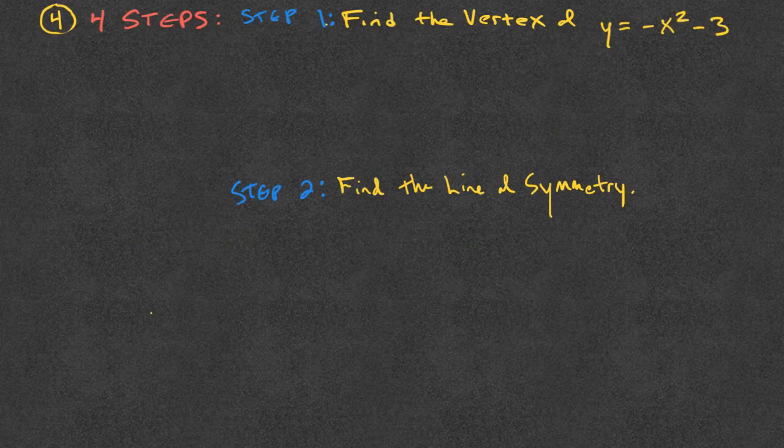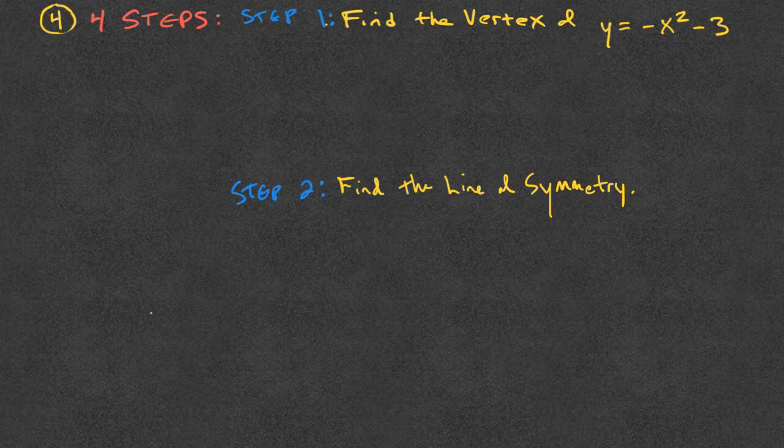Okay, number 4. On the next few examples, number 4 and number 5, there are 4 steps involved. So we'll start with step number 1. Find the vertex of y equals negative x squared minus 3. This is not that bad. On the previous examples, we had a parentheses that was squared, with some x minus something or x plus something inside, and that helped us determine the vertex.